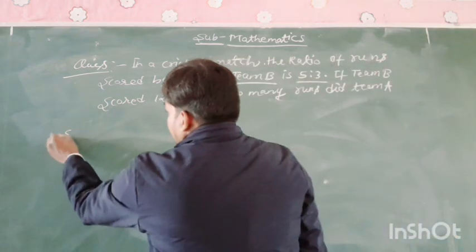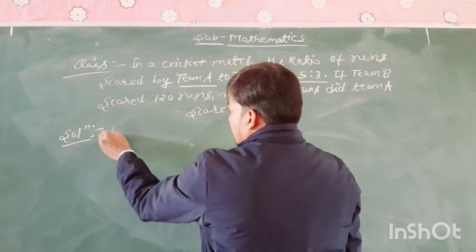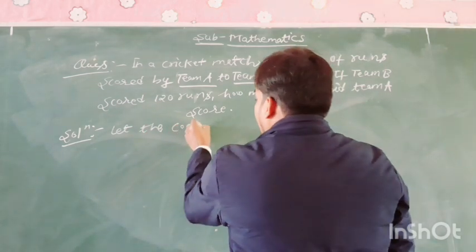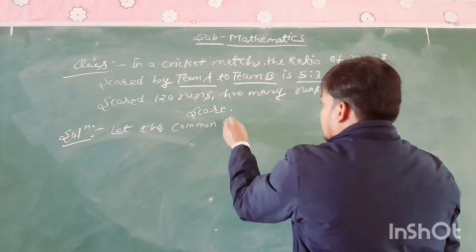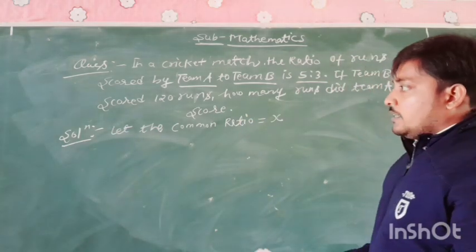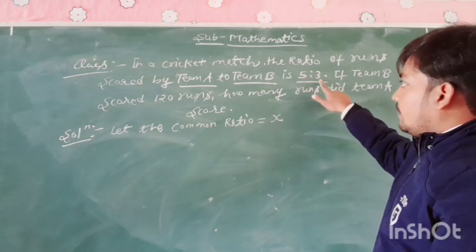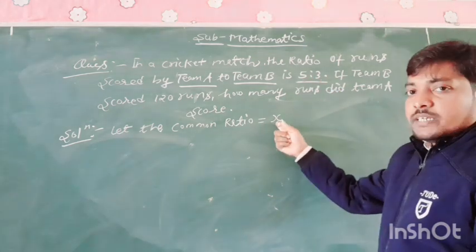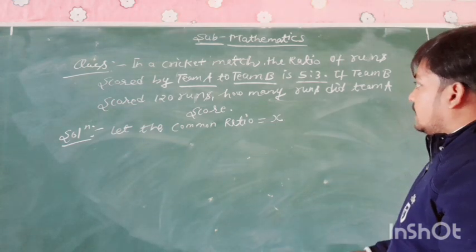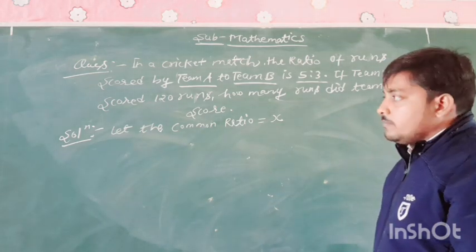In the solution of the given problem, first we let the common ratio be x, and after multiplying the ratio of team A and team B by the common ratio, we get the runs scored by team A and by team B.